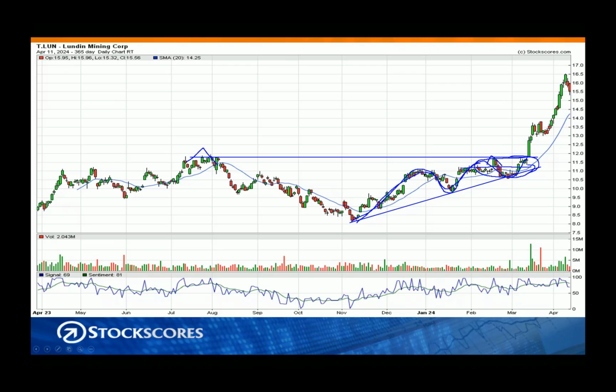And then most importantly, we break through resistance with abnormal volume from optimism, from low volatility. Those things that I just mentioned are the Stockscores simple strategy for position trading.